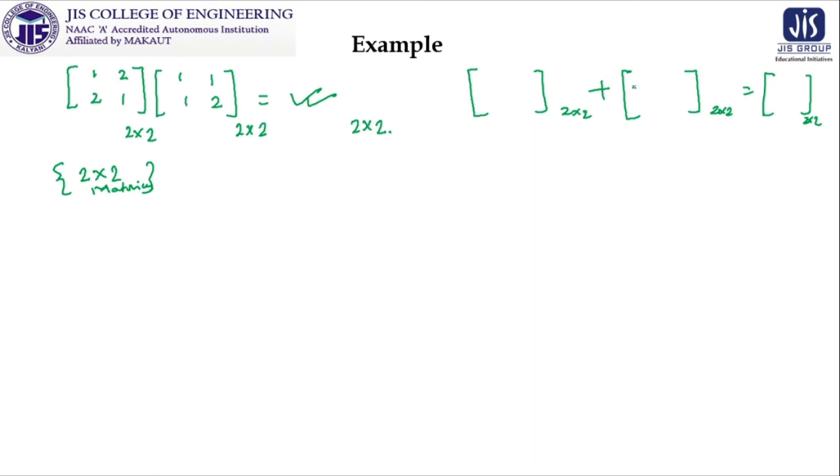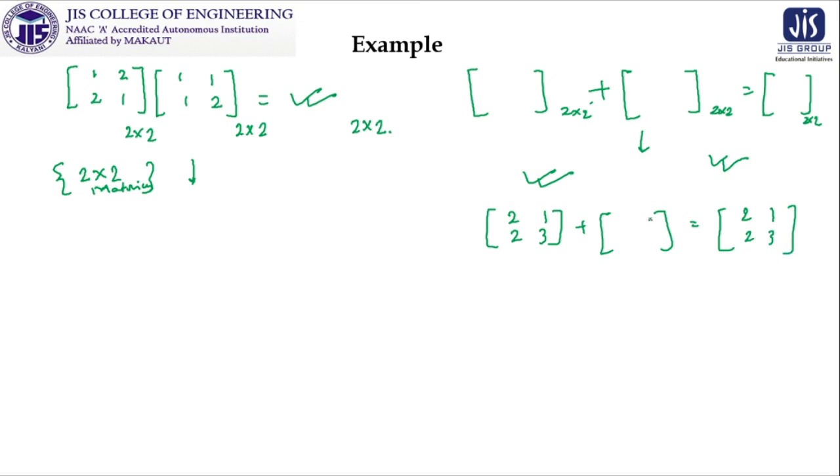The question is, when you are thinking about the next properties, associativity also holds good here. Next, identity element. If you are taking 2 1 2 3 plus something, you need 2 1 2 3, you know what is to be there.